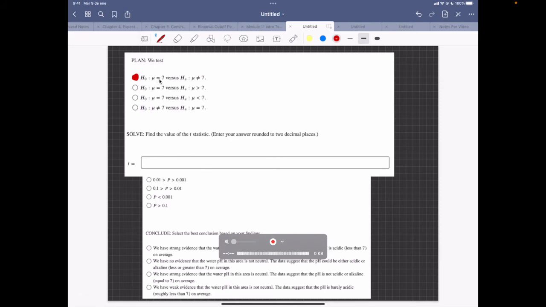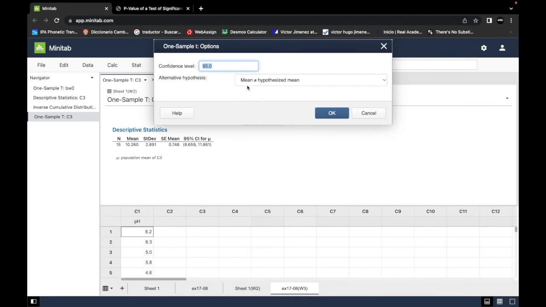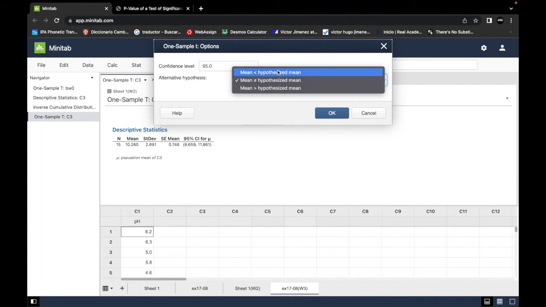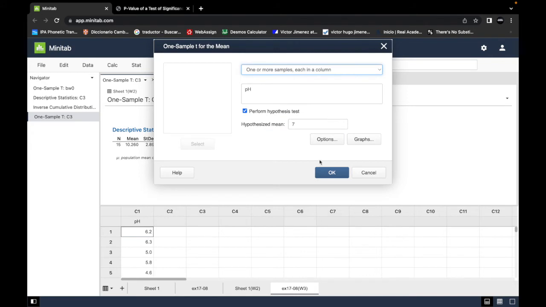So that is the value you have to put here: mu equal to 7. And then Options. Here you have to specify what the alternative is. We have three options, of course: less than, greater than, and in this case it's different, so you choose not equal. What about this confidence level? Ignore that, we don't need it by now. So okay, and then okay.